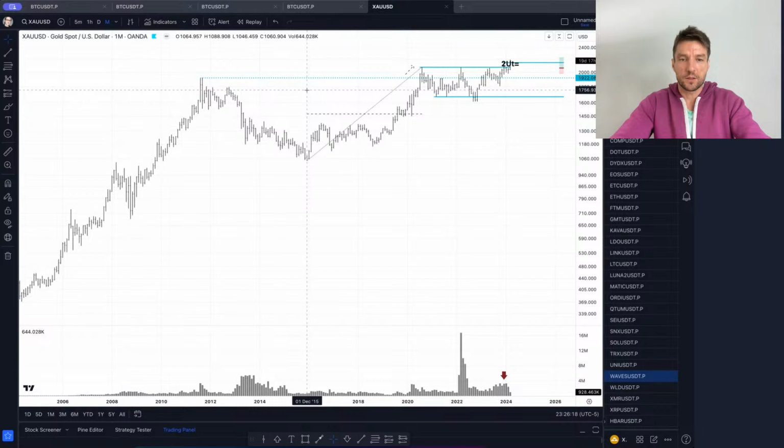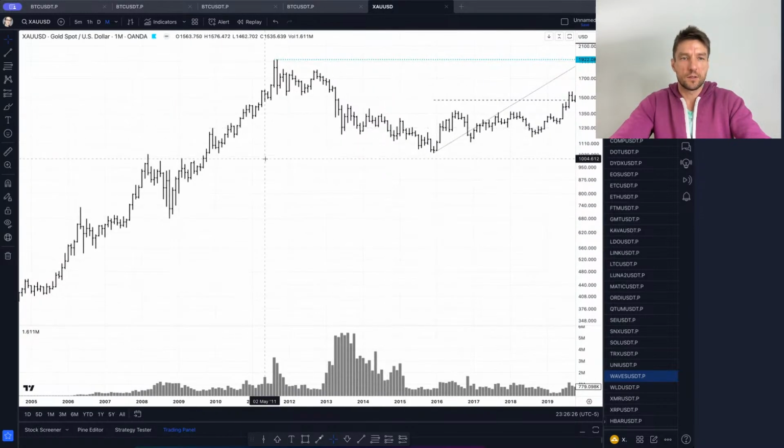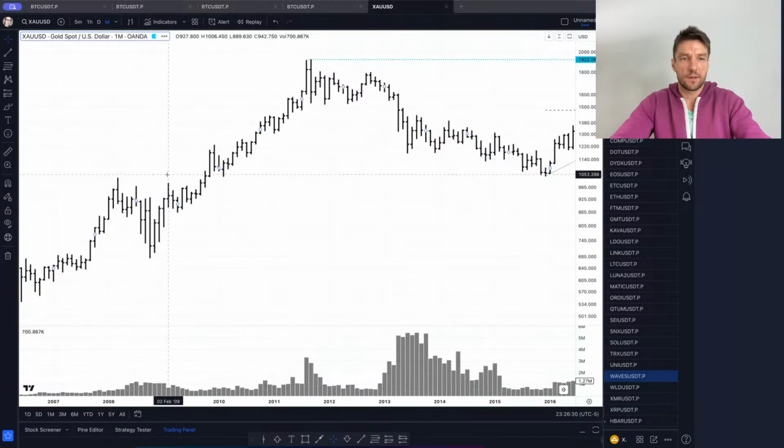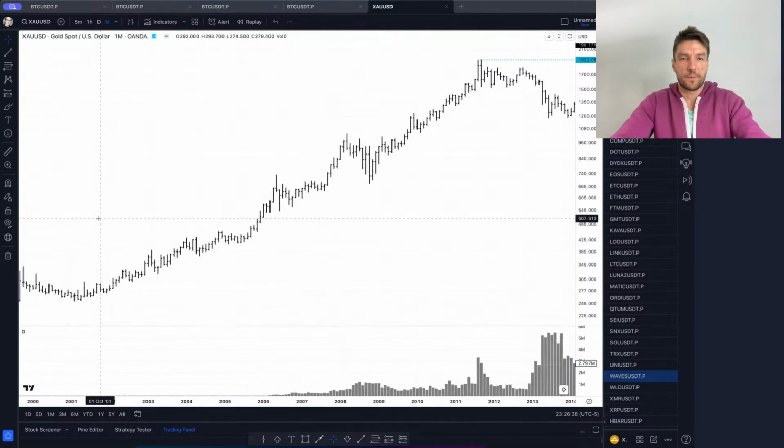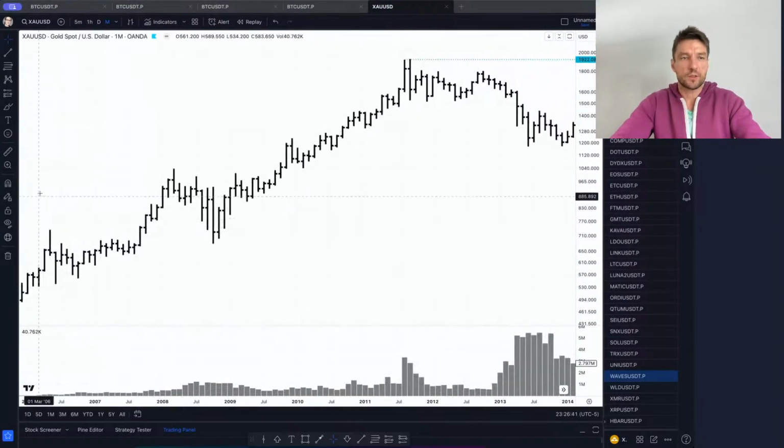Every 4 years, you expect it to break. You see when it broke here, last time it corrected, went higher and then corrected, because that's normally how correction goes.